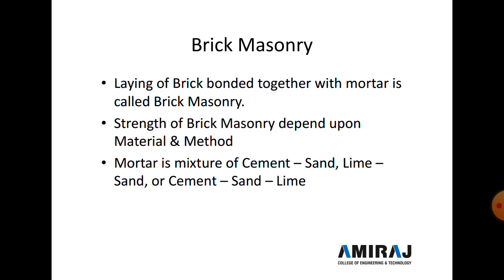First is cement, and second is lime. Both materials give different strength, and second is the bonding method. Different types of bond are given in the next slides, where we discuss the bonding method.